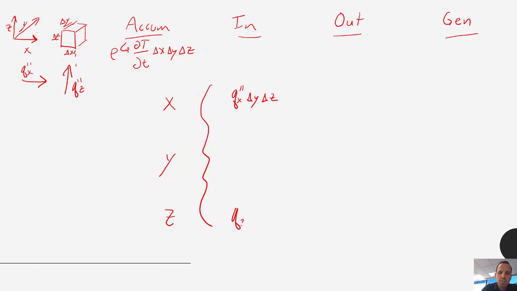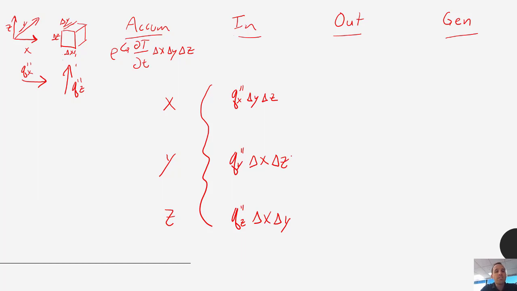So we have our qz, it's going to be encountering a cross-sectional area of delta x times delta y. Similarly, for flux going into the board and then out the back, we've got our y flux, and that's going to be multiplied by delta x times delta z.